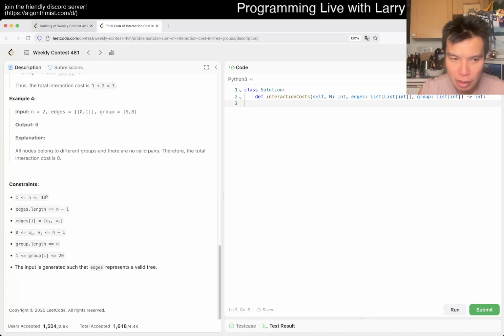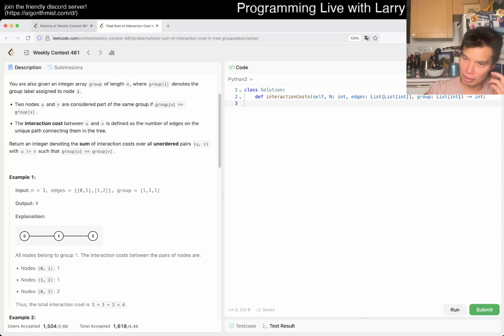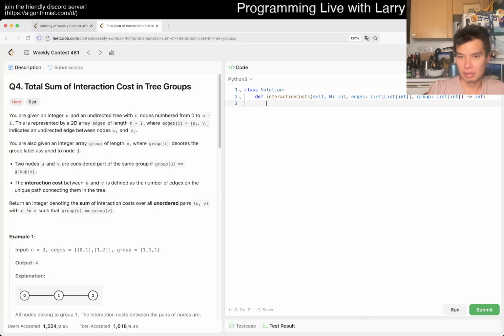That changes things. I think it's just rerooting, right? Yeah, I think it's just rerooting. I thought we did a recent rerooting problem, right? Then you do it once for each group. I think that's the idea.